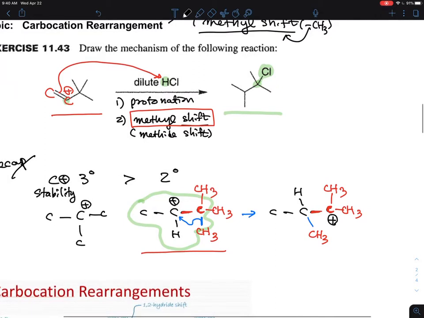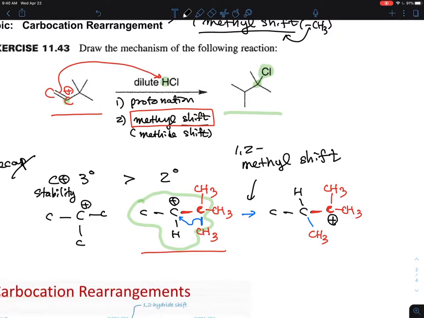So this is what is called a methyl shift, and it's called a 1,2 methyl shift. Okay, because it goes from carbon 1 to the neighboring carbon, they are shifting the methyl. By doing so, you are seeing some changes.